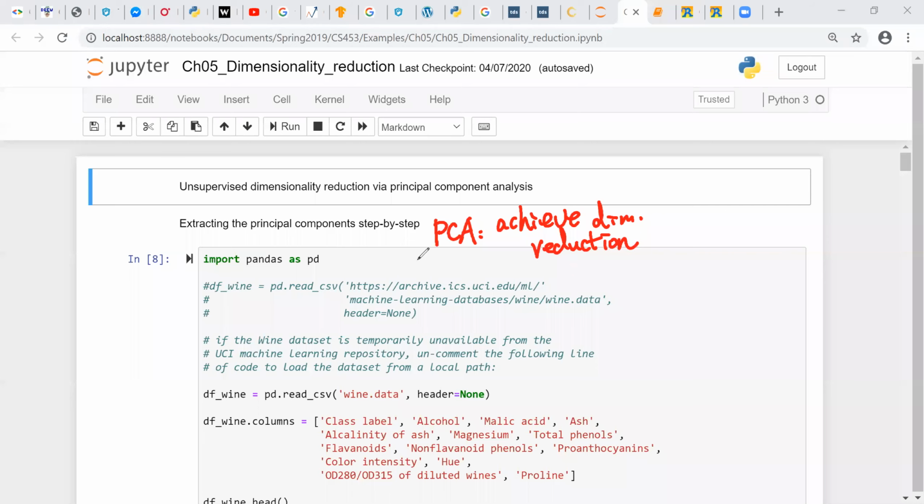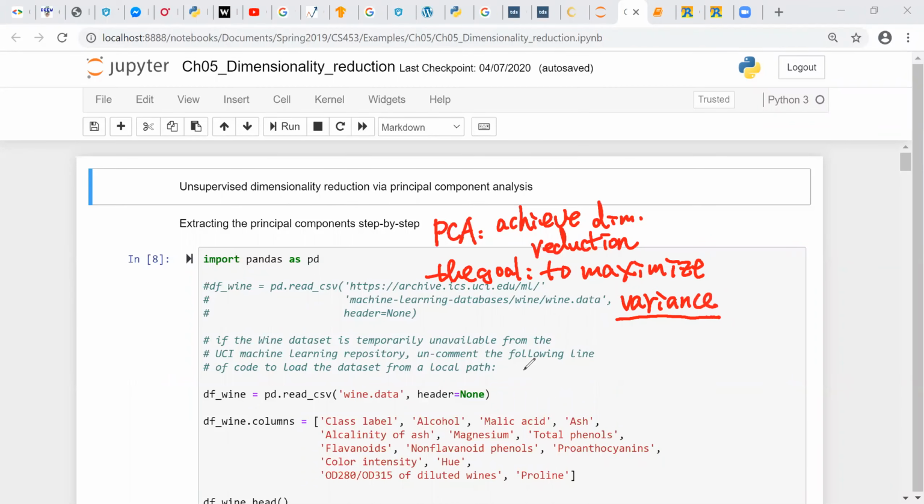The goal with PCA is to maximize, remember this word, variance.